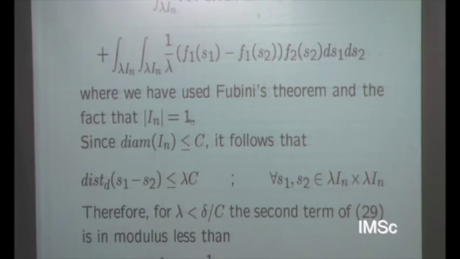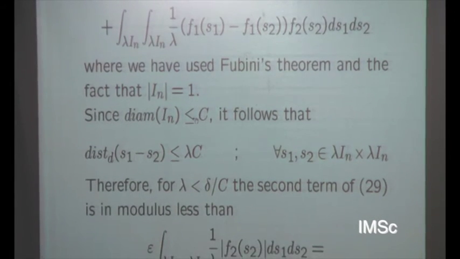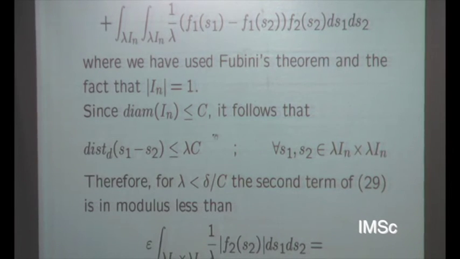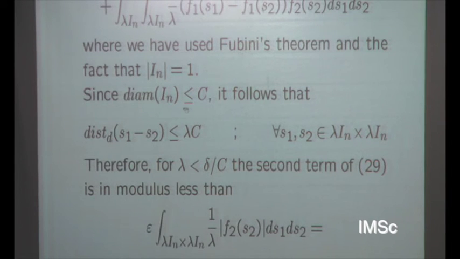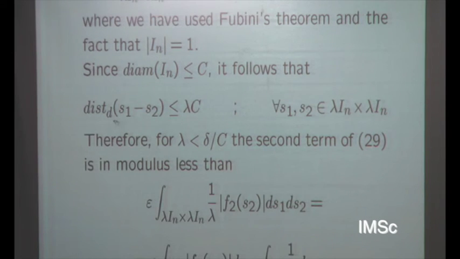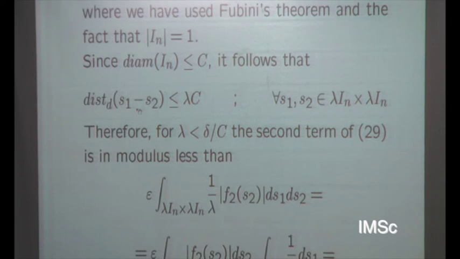And now you use the majorization. I use Fubini's theorem, and then I am using the fact that the diameter is less than c, and I use the fact that the distance is less than, uniformly, since the support is in this set I_n and the diameter of the set is c.